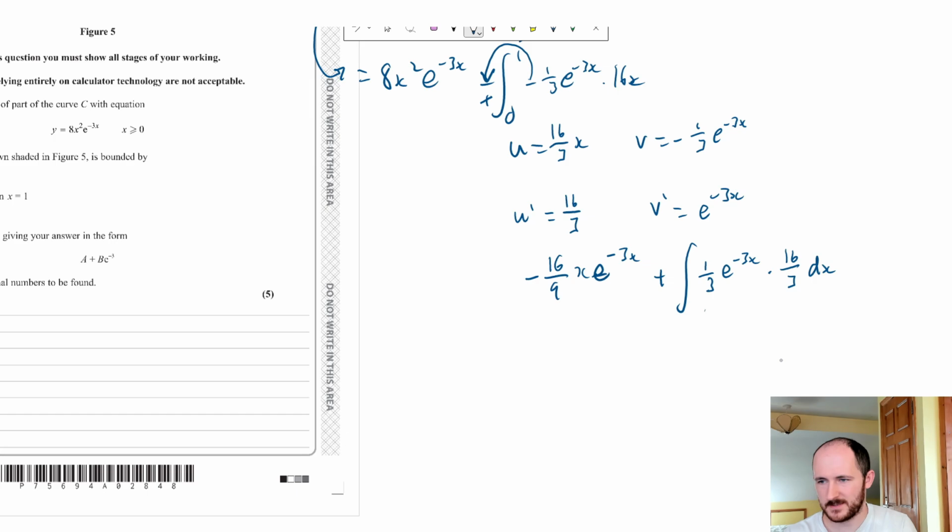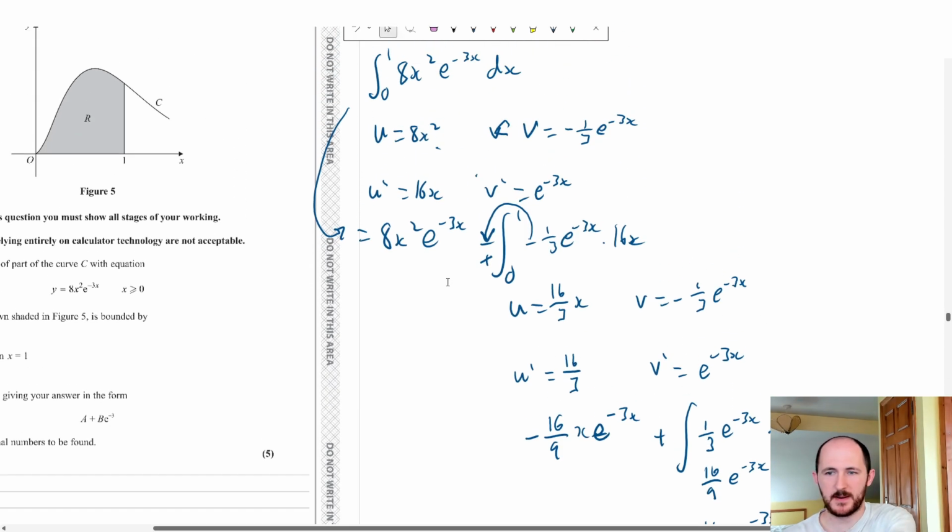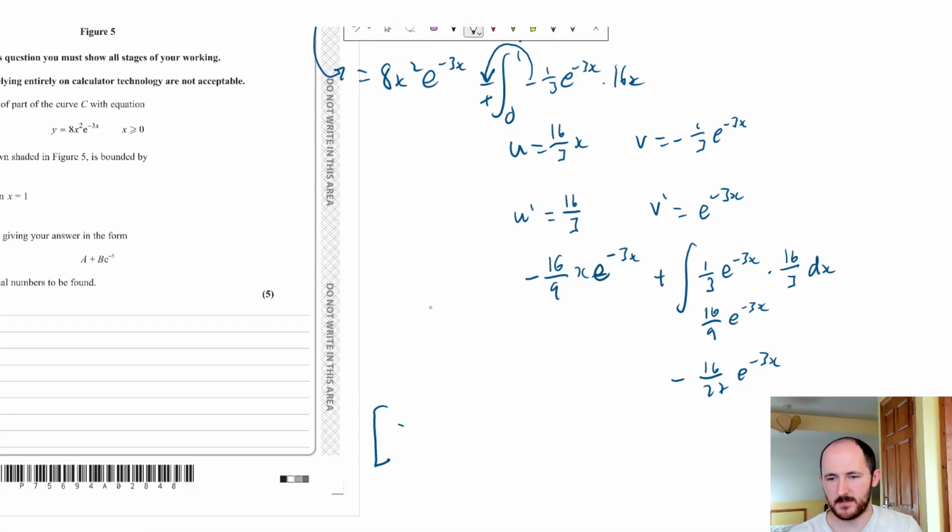Actually, no. Let's be chads, right? We don't need to. So again, that's going to be divided by minus 3, so it's minus 16 over 27 e to the minus 3x. Cool. So now let's put this all into our brackets. We have, from the very beginning, 8x squared e to the minus 3x.